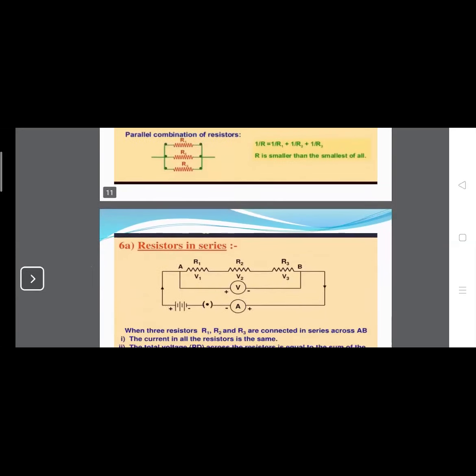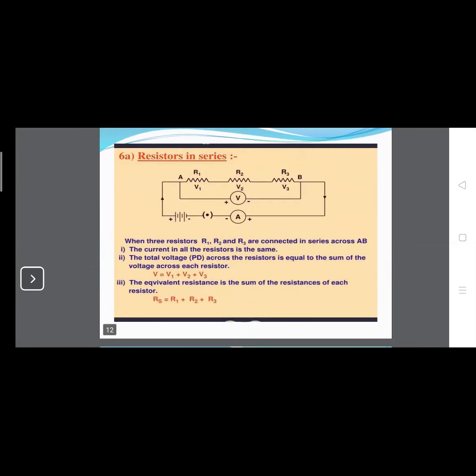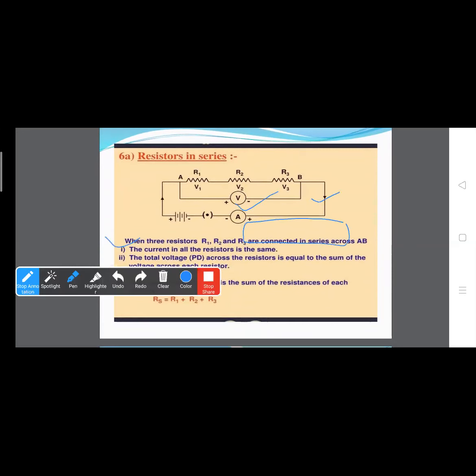parallel combination. Now in series combination, in the figure, resistors are connected in series. There are 3 resistors connected in series, R1, R2 and R3. Current I flows through the circuit. Clear?